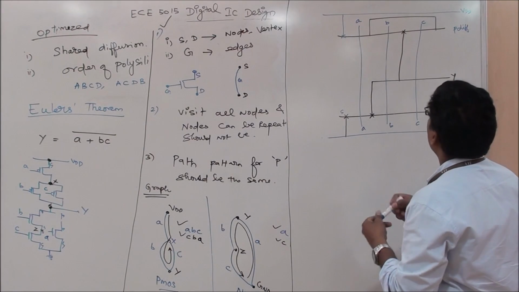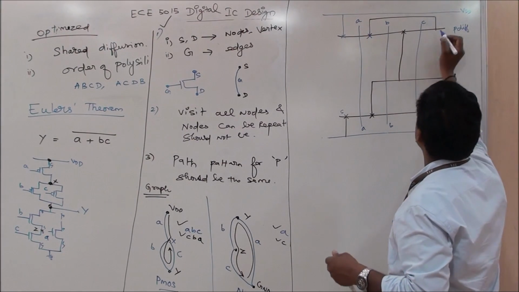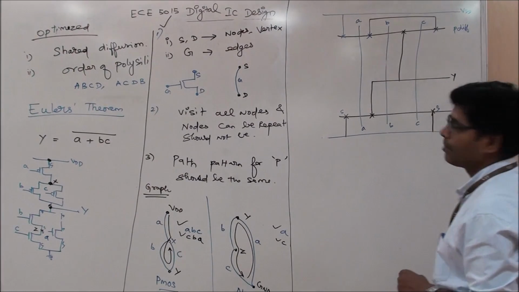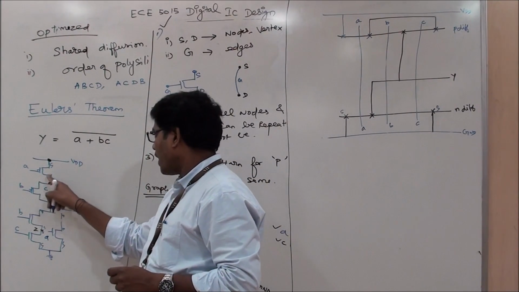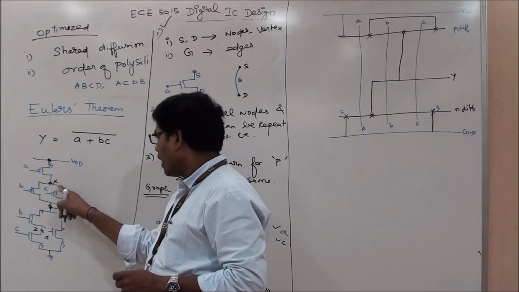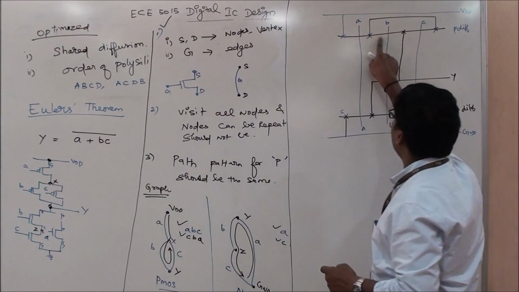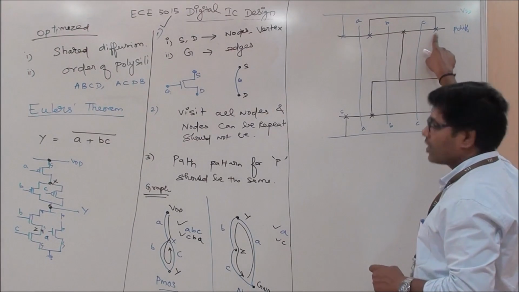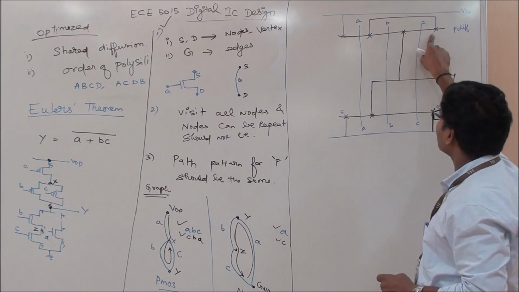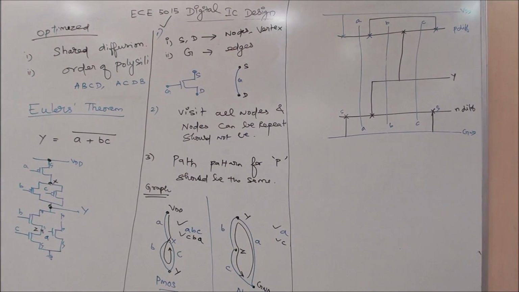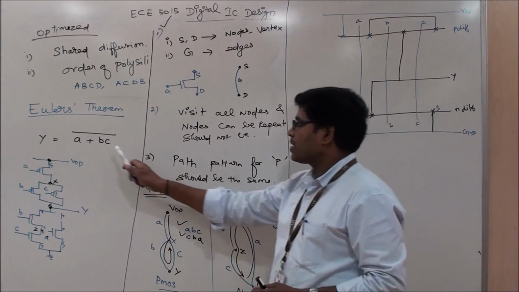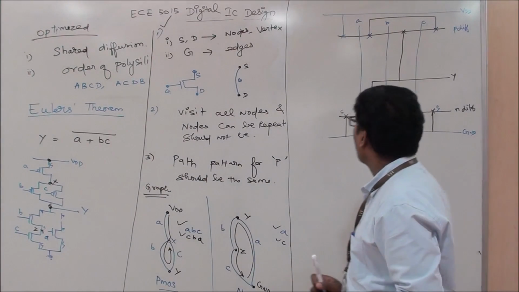So, these two are connected, because this point is the A, B and C node. A, B common point and the C node have been connected. So this will establish my stick diagram, optimized stick diagram for this function A plus BC, the whole part.